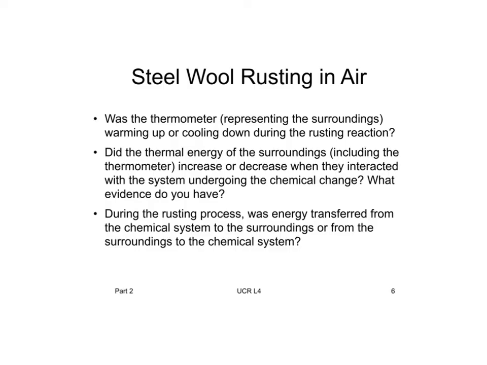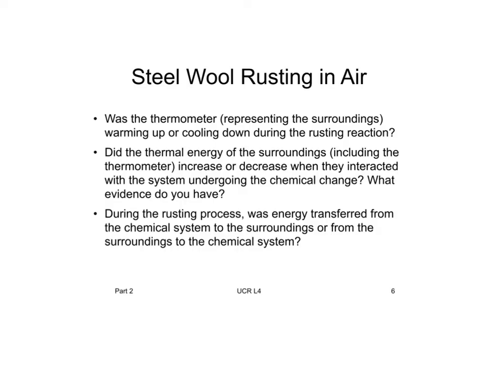Was the thermometer representing the surroundings warming up or cooling down during the rusting reaction? Then, did the thermal energy of the surroundings, including the thermometer, increase or decrease when they interacted with the system undergoing the chemical change?